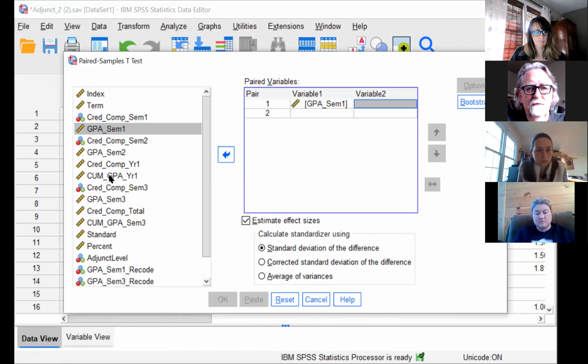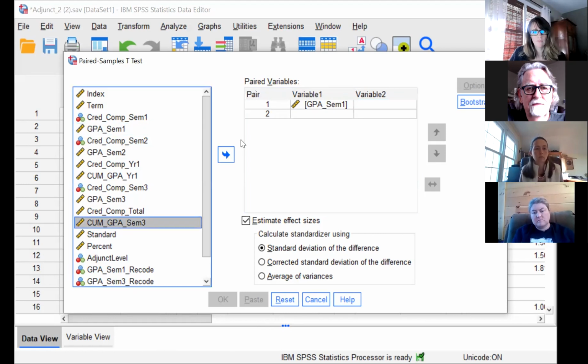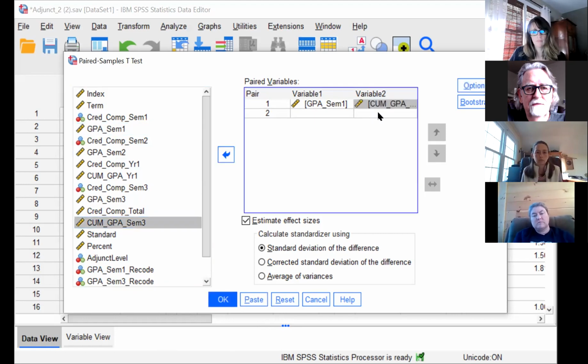And cumulative GPA, where's my cumulative GPA? I guess GPA semester 3 will be what I have to use. And yeah, there is cumulative GPA semester 3. So I've got the two; I couldn't see all that because of the screen over here.